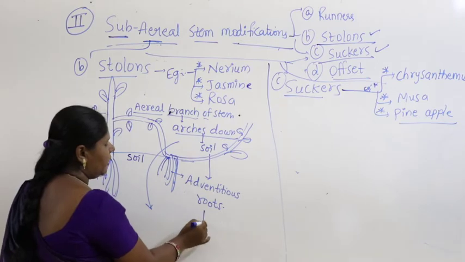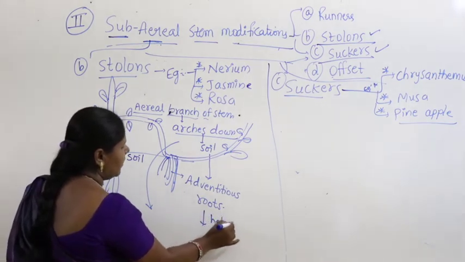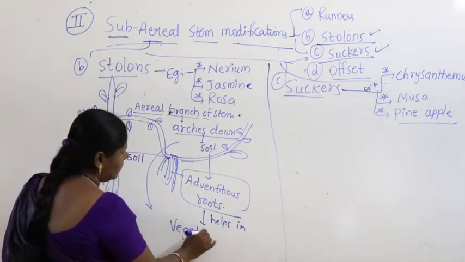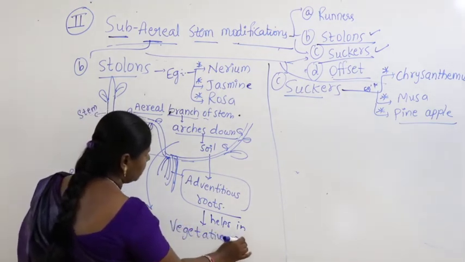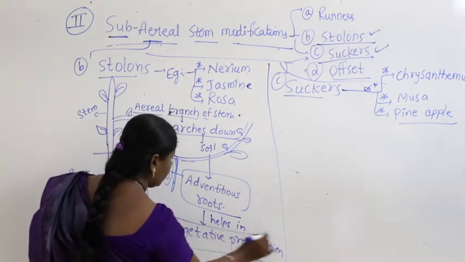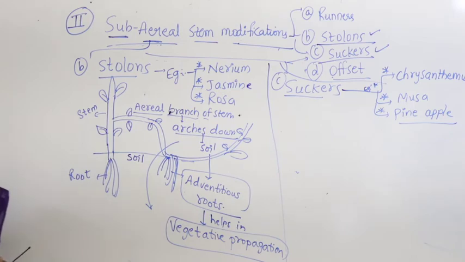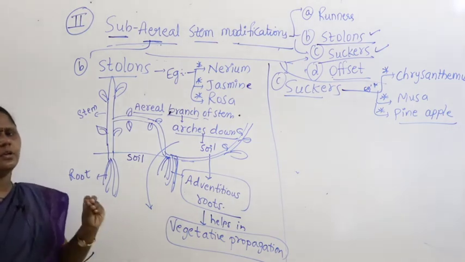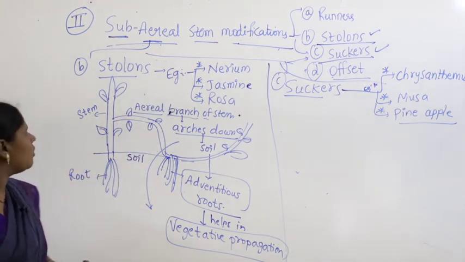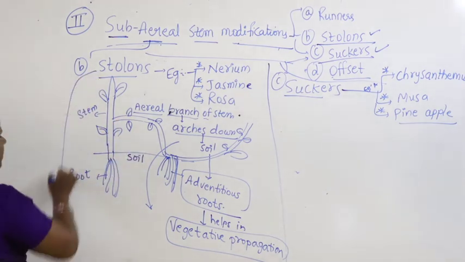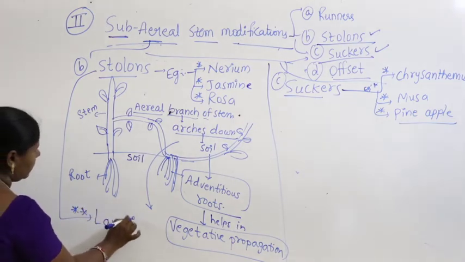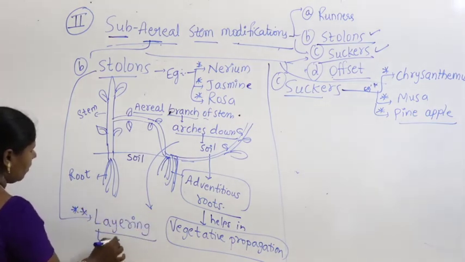That means adventitious roots help in vegetative propagation, very simple, very easy. Such a method is called layering. Layering is most commonly used in horticulture.